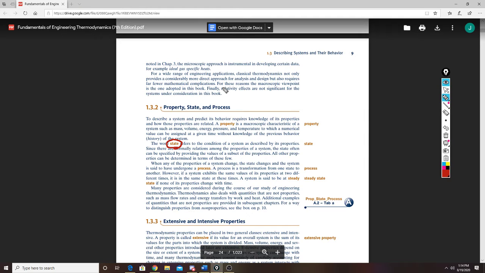But I think what the book likes to refer to it as is something being described by its properties. So, for example, you could say that water over 212 degrees Fahrenheit, I think is the boiling point, turns into what? It turns into steam. So therefore, you could say its state is now gaseous, right?